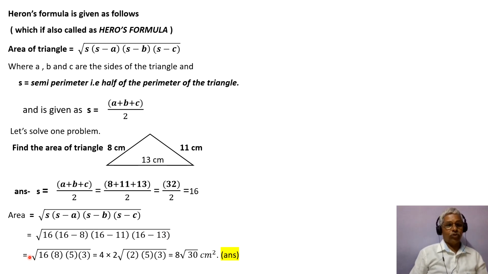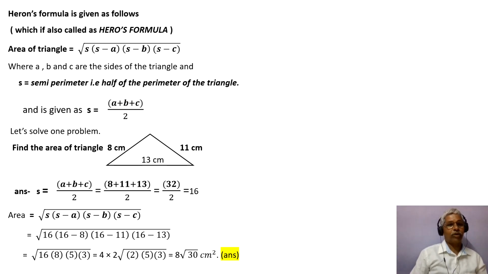So this equals under root 16 into 8 into 5 into 3. See, this is 4, and this is 4 into 2, so 2 comes out. What remains here is 2 into 5 into 3, that is 8 root 30 centimeters square. That's the answer. As this is given in centimeter, area will be in centimeters square.